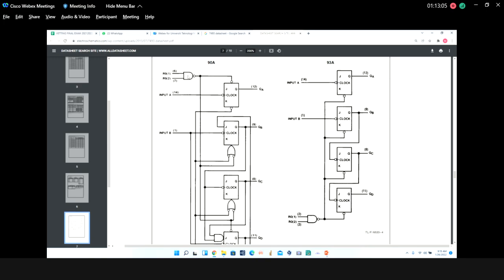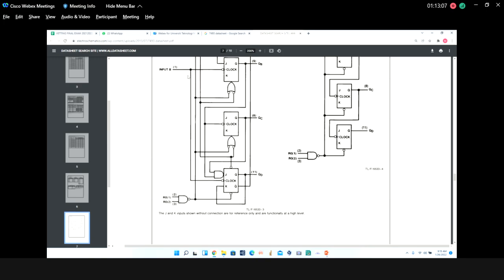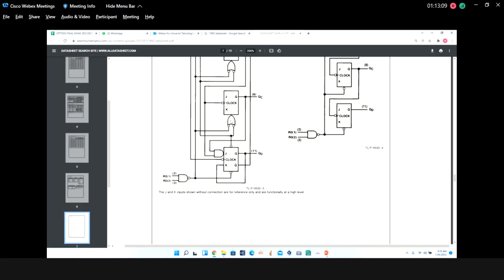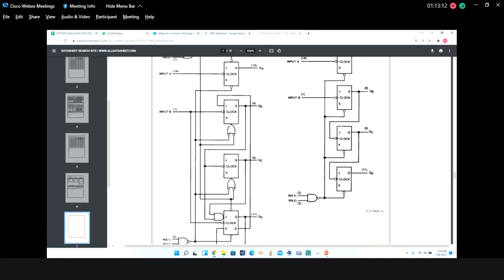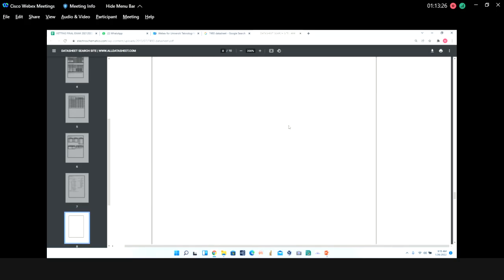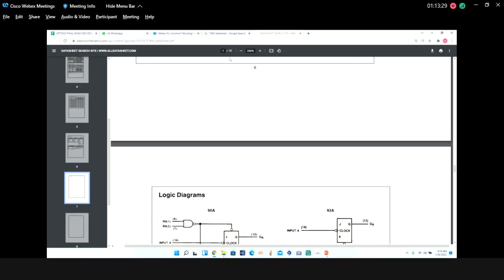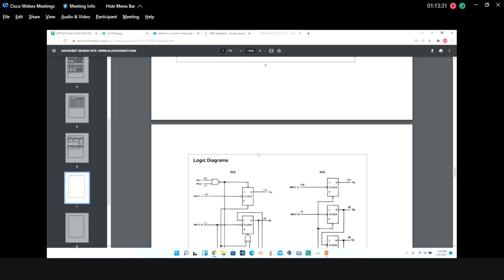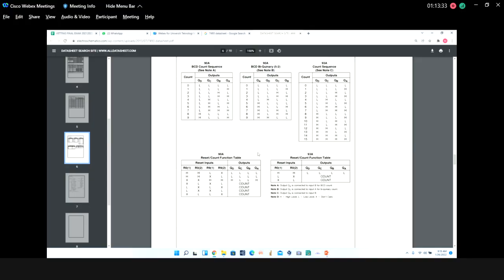However, it has two NAND gates and also an OR gate, meaning that you can use it as a ripple counter, as a ripple down counter, as a self-stopping counter, and also as a decade counter by the connection that you like.